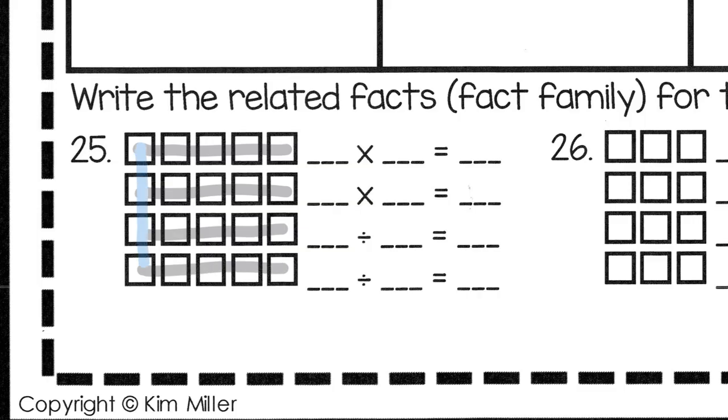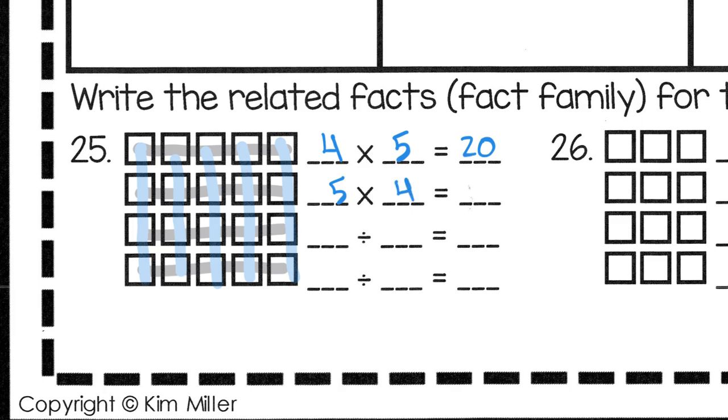And if I count the columns, 1, 2, 3, 4, 5, there's 5 columns. So it looks like I have 4 and 5. Okay. So if I were to do that, I could say, well, I have maybe 4 rows times my 5 columns. Well, that would give me 20. Or I could flip-flop those numbers and say 5 times 4 is 20.